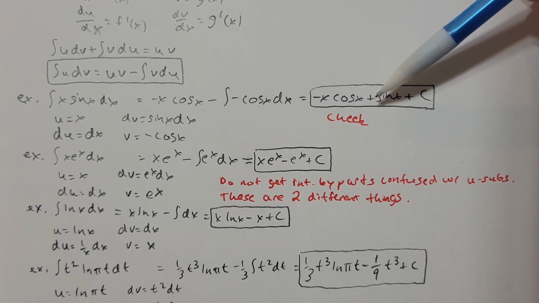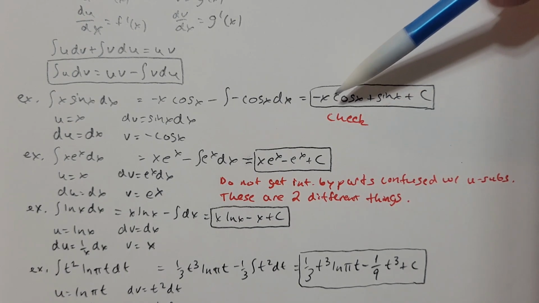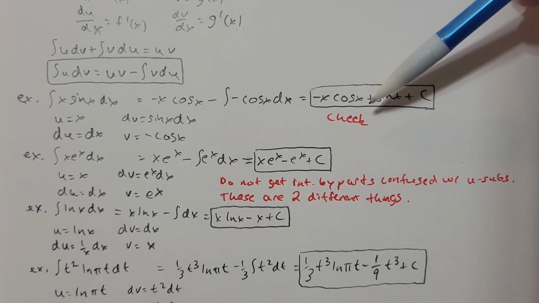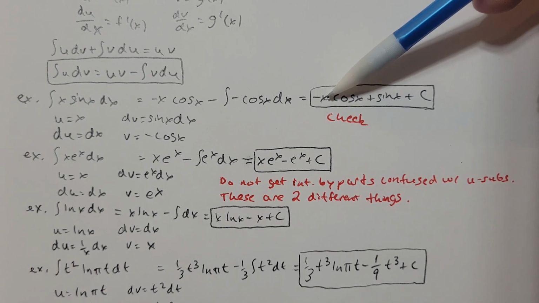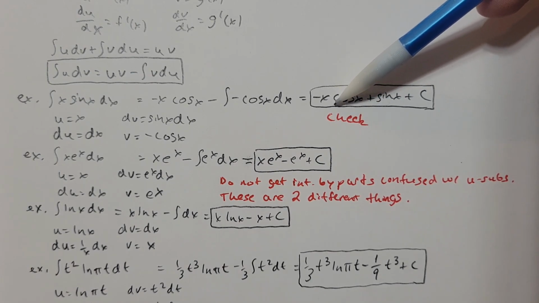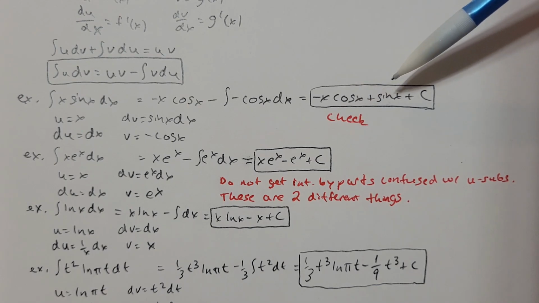The derivative of cosine x is negative sine x, so negative x times negative sine x, that'd be x sine x. And then plus the second, cosine x, times the derivative of the first, that's negative 1, so minus cosine x. And then plus the derivative of sine x, which is cosine x.